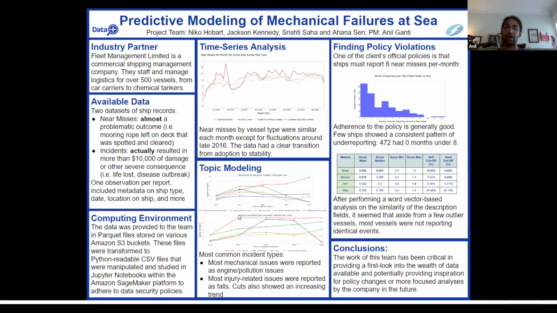Another thing you see in text data is, it's not a sensor that's sampling at some fixed rate, right? You've got people compiling these reports, and there's some element of underreporting or over-reporting.